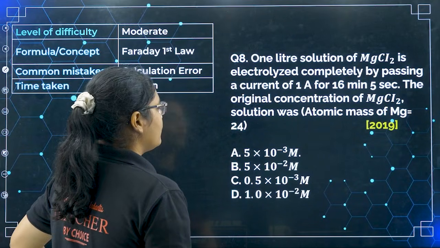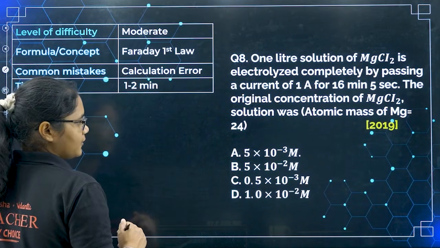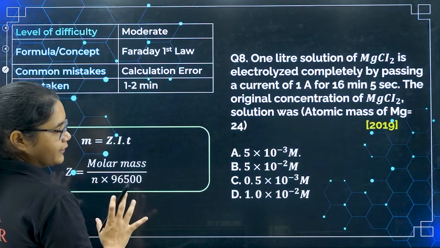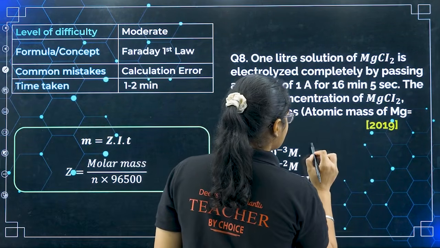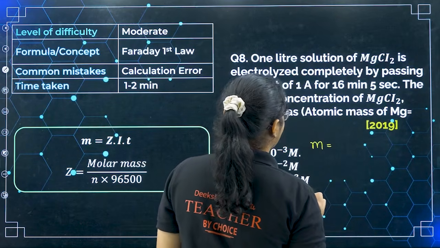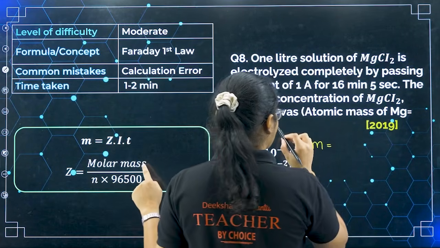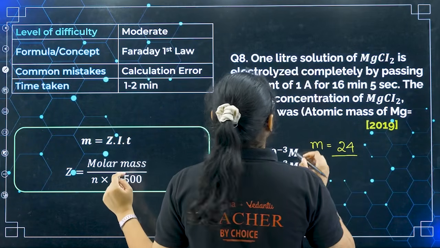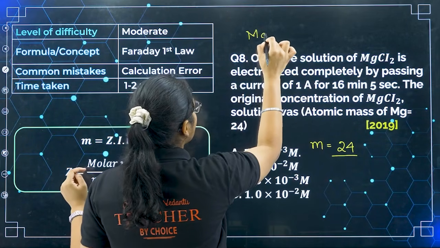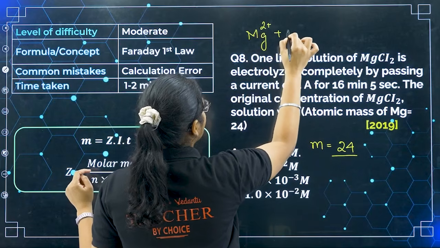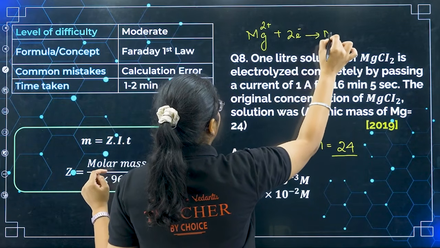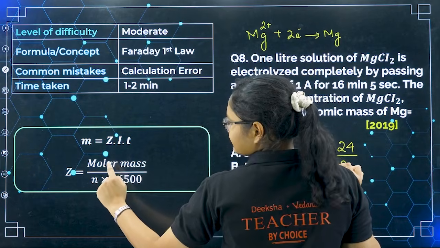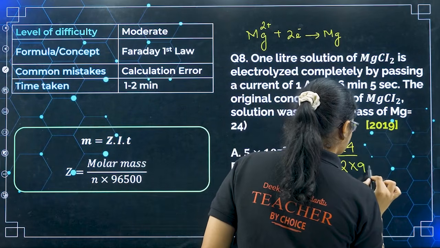Okay, so we have this formula of M is equal to Z into I into T. So I'll be solving that here. What is the mass deposited? I have to calculate. What is the molar mass of magnesium? 24. Okay, then N. So Mg2 plus will gain 2 electrons and will convert to Mg. So N factor will be 2, right? Then I have into 96500.